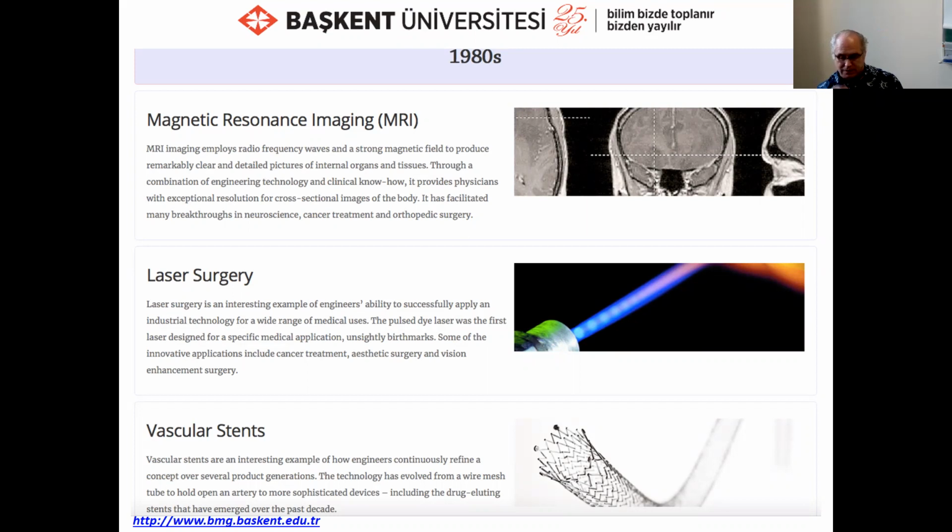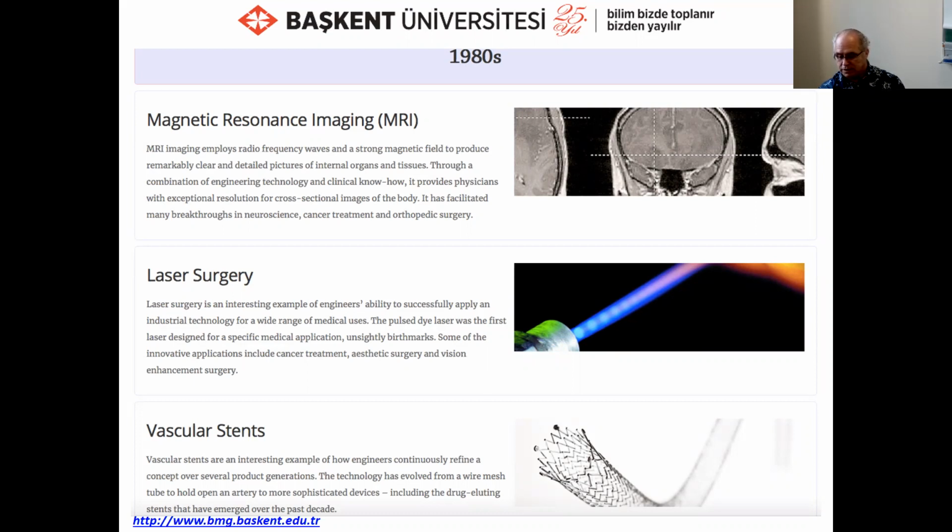The pulse dye laser was the first laser designed for a specific medical application. And vascular stents are also 80s medical devices and tools. Those are an interesting example of how engineers continuously refine a concept over several product generations.